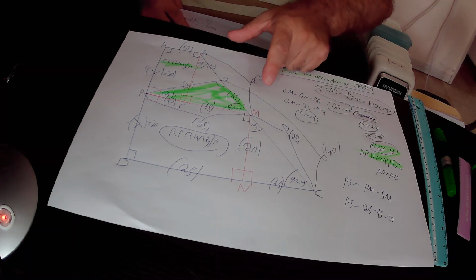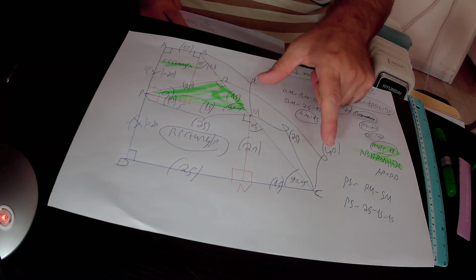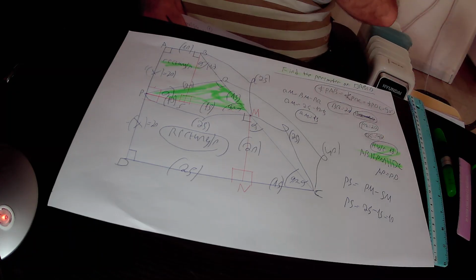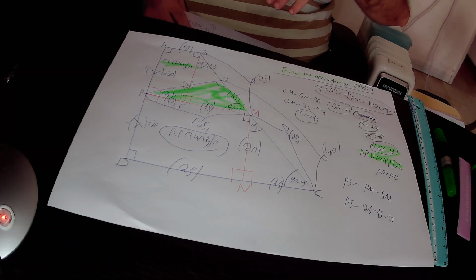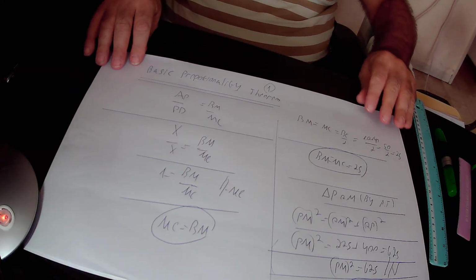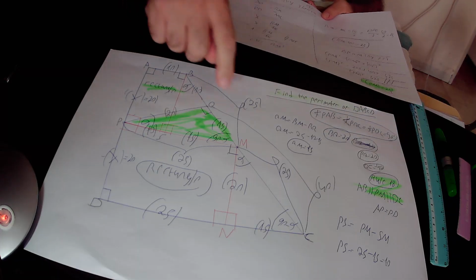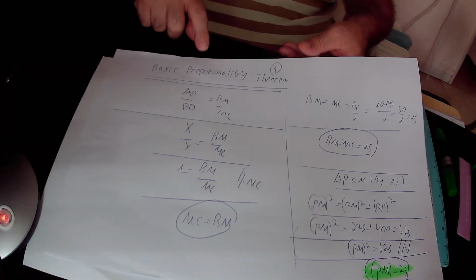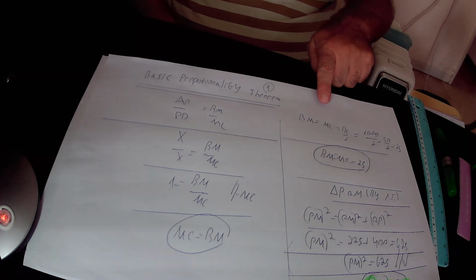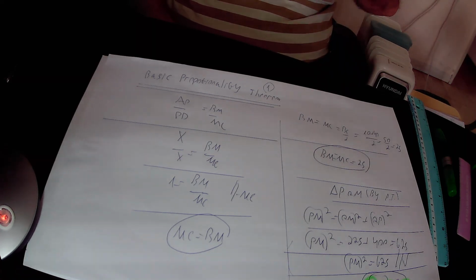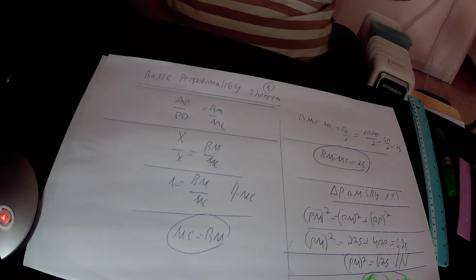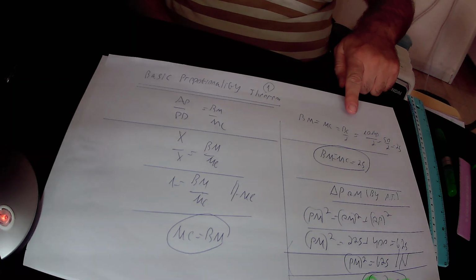Of course, the first half BM must be equal to the second half MC, and each half must be equal to BC over 2 because BC is bisected into two halves. So BM equals MC equals BC over 2.